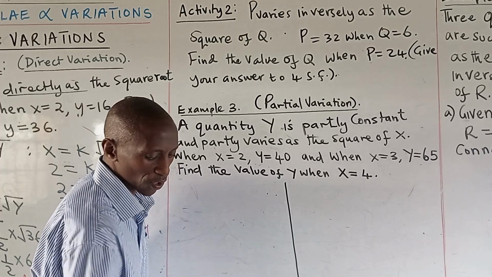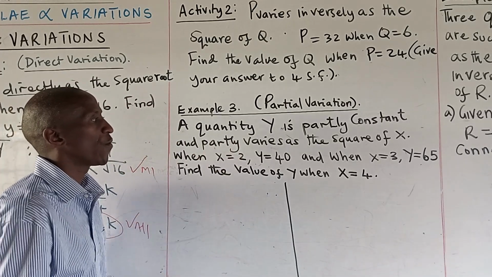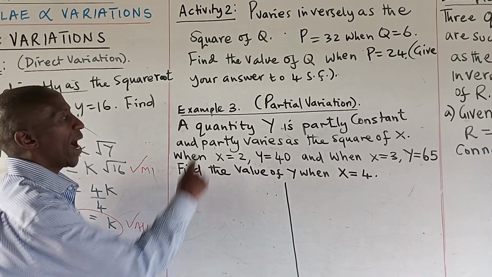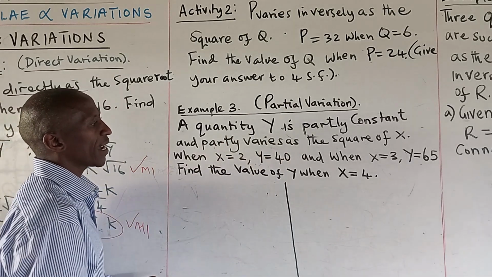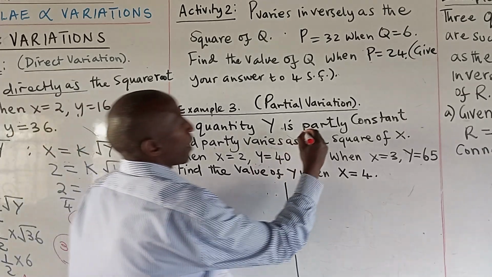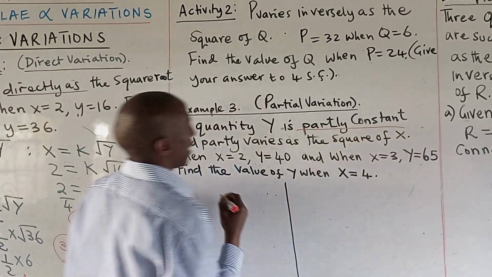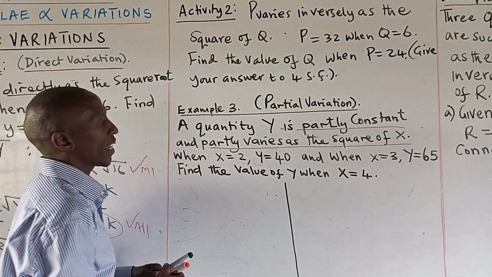Let's look at example number 3 on partial variation. A quantity y is partly constant and partly varies as the square of x. So here we are seeing partly constant and partly varies as square of x. How do we write that?